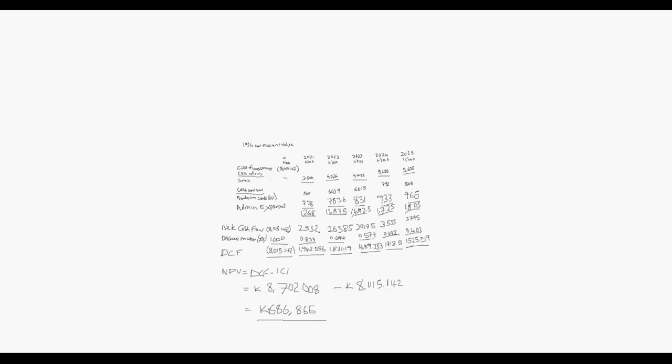So the net present value, which is positive 686,866, is the profit that we are going to realize. So meaning that the project is viable.